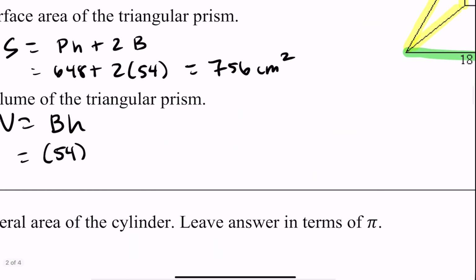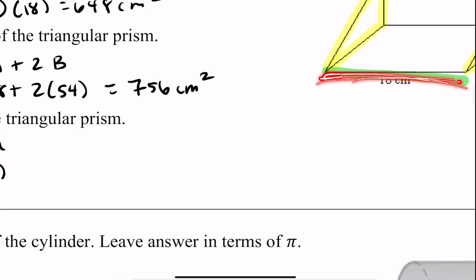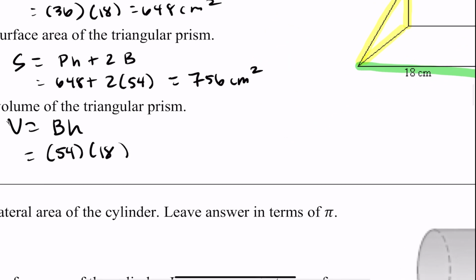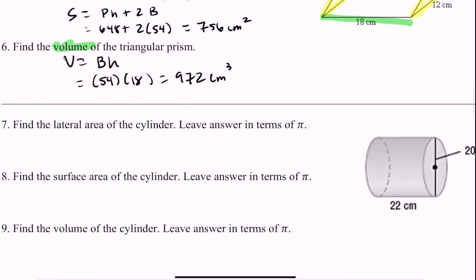No, H again is the height of the prism, the segment that separates the two bases. It's 18. So 54 times 18, you get 972 centimeters cubed because you're dealing with volume. All right?